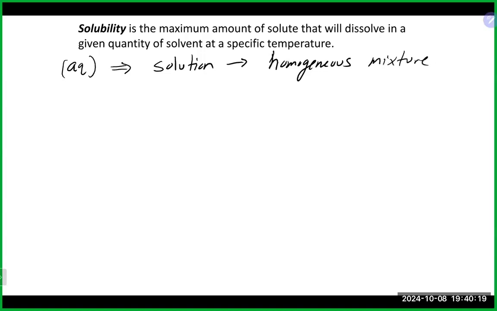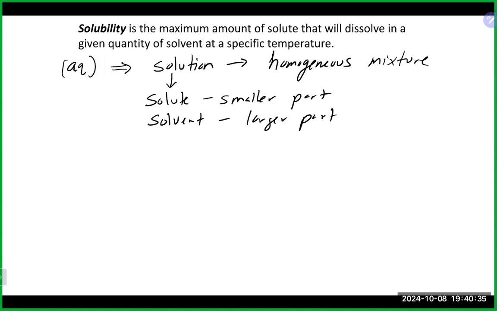Everything mixes, no problem. There are actually two parts to a solution. There is the solute, which is the smaller part of a solution. And there is the solvent, which is the larger part of a solution. Those two things together make up a solution.